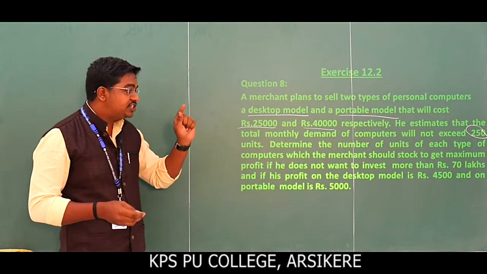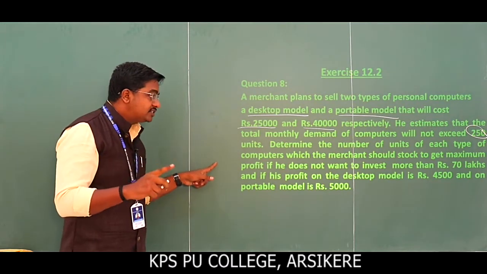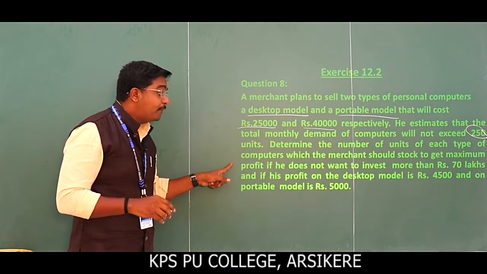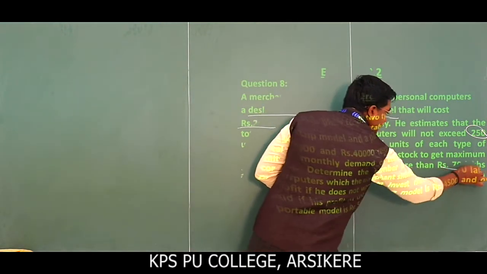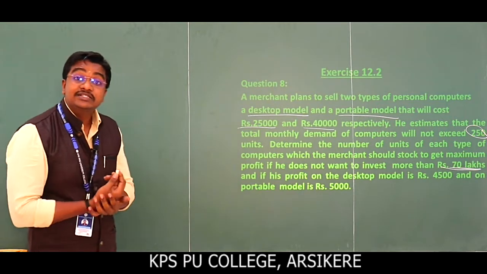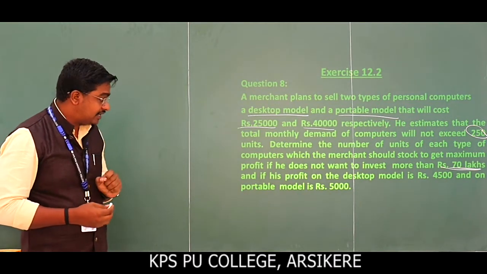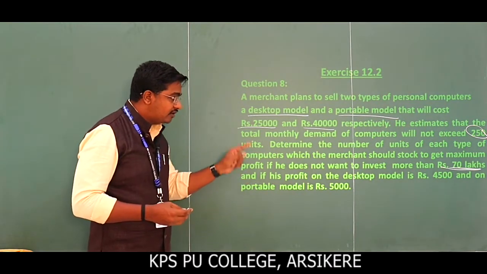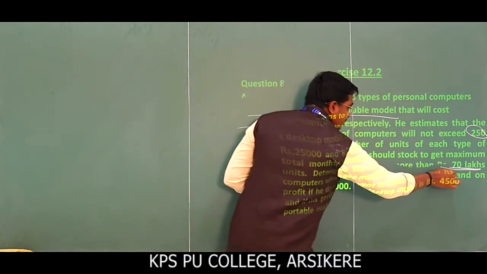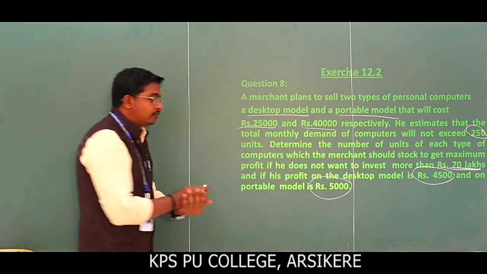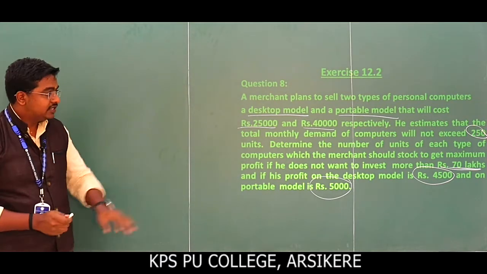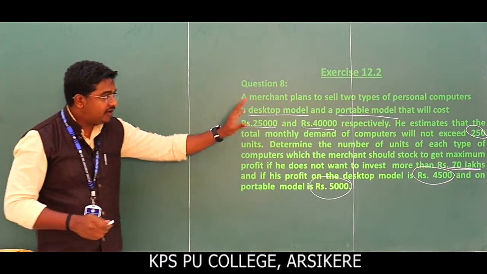Determine the number of each type of computers which the merchant should stock to get maximum profit, and total investment cannot exceed 70 lakhs. The profit on the desktop model is 4,500, and for the portable model it is rupees 5,000. This is the problem.